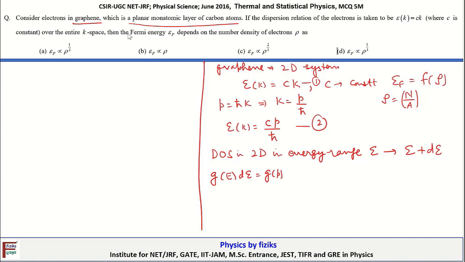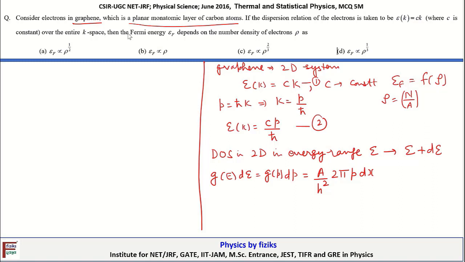It doesn't matter whether you are talking about momentum space or energy, the total number of states will be identical. And that is given by A upon h square times 2 pi P dP. That's the general expression for the density of states in two dimensions, in terms of momentum.